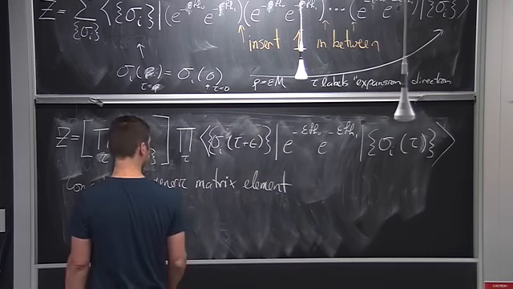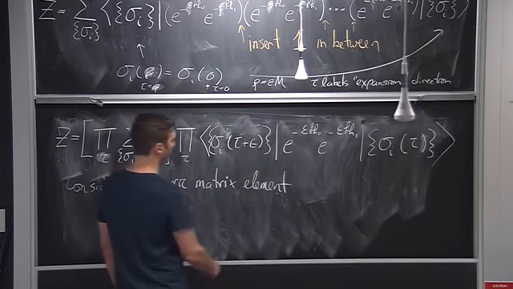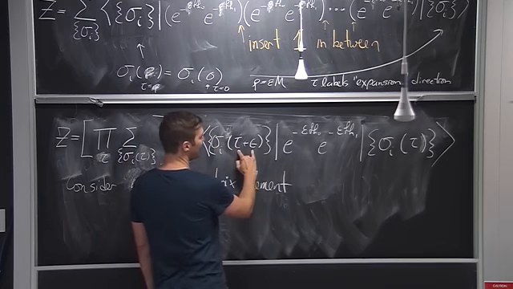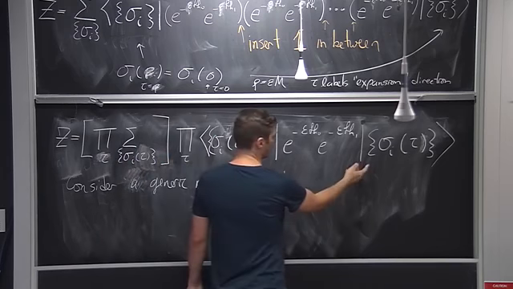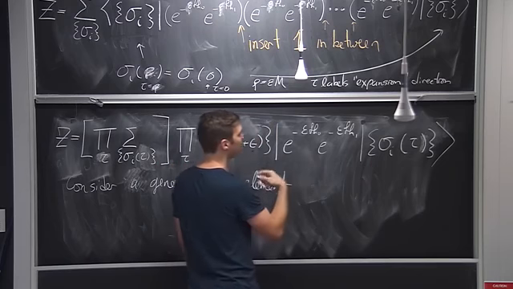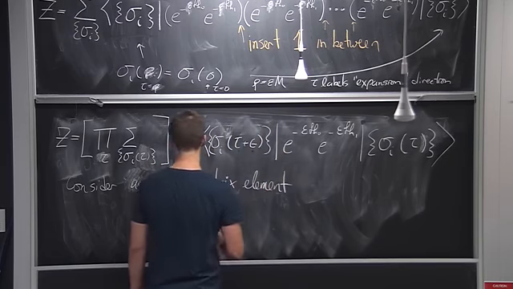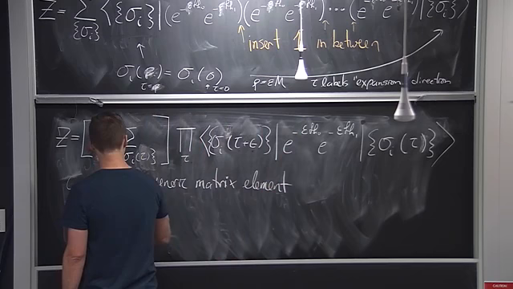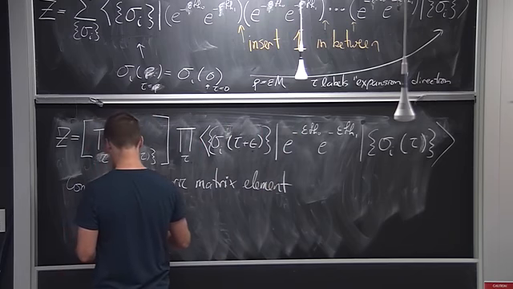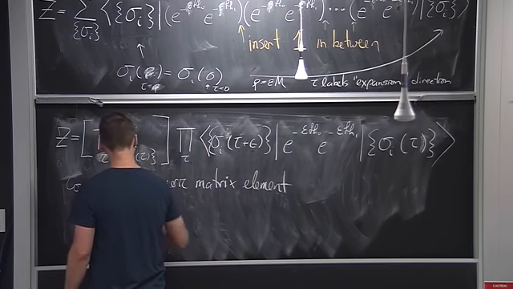So let me just relabel my sigmas. Forget the identification of tau and tau plus epsilon in this expansion direction. Let me just generally take some sigma prime. Remember, it's the many-body state.